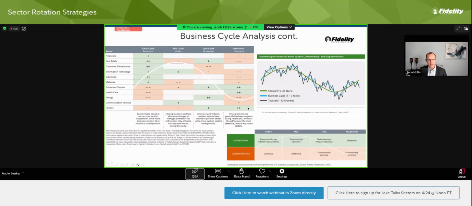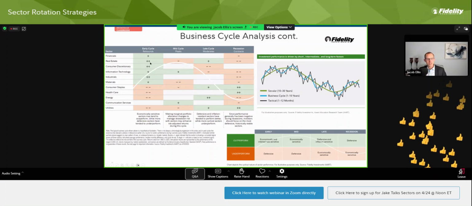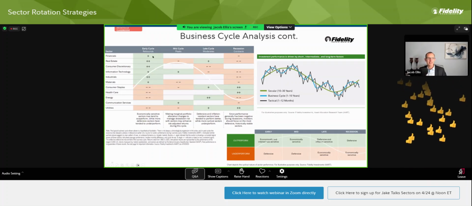Don't feel like you need to grab a screenshot or memorize this. We will show you where to see this in just one moment, but focus with me on what we are trying to learn. What we are learning from this is that if there's a plus over the course of a long period of history, again, 1962 all the way through 2021, these sectors did dramatically better in the early cycle, or in the recession cycle, or in the late cycle.